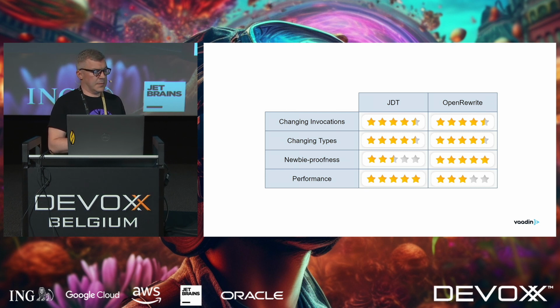And just in terms of benchmarks, we have an application that we transformed that had 150,000 lines of code. We applied our tool built on top of JDT, which was applying about 1,000 changes, or 1,000 rules, and this was done in 16 minutes.